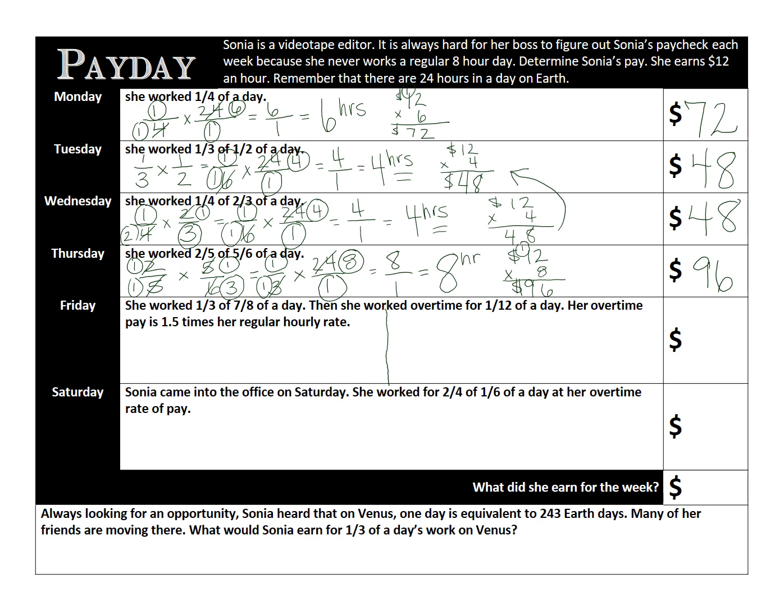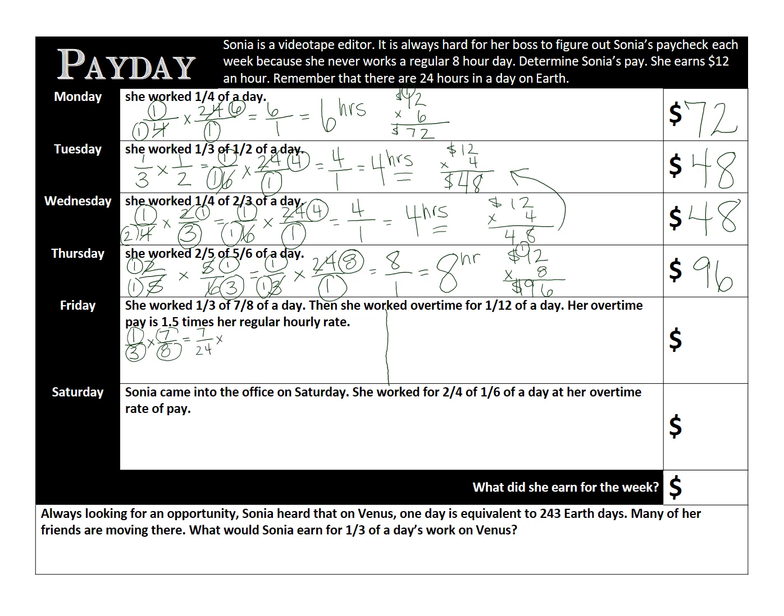For the first part, she worked 1/3 of 7/8 of a day. I cannot reduce this problem, so I'm going to have to multiply across. 1 times 7 is 7, and 3 times 8 is 24.